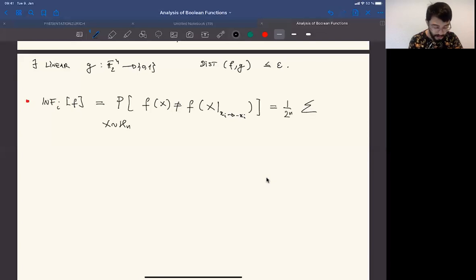So if you open this probability, what you see is that this is exactly where here I'm flipping x_i.